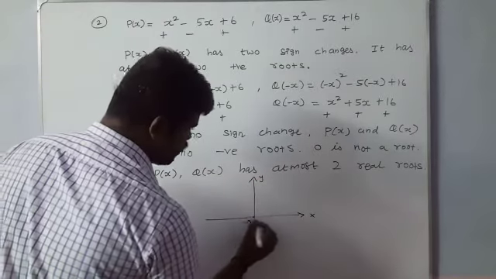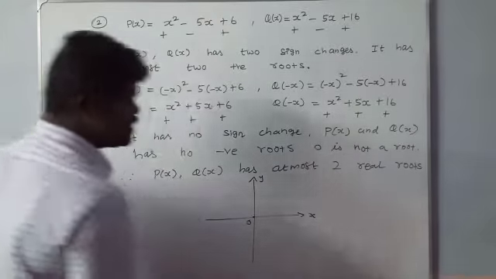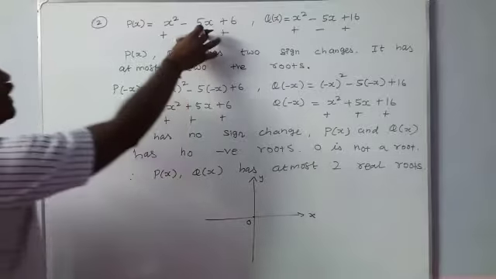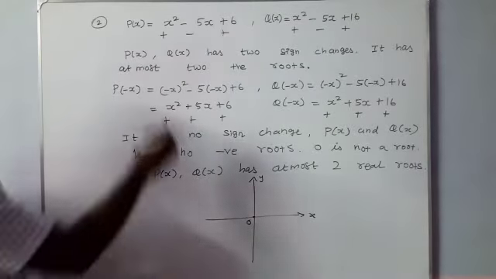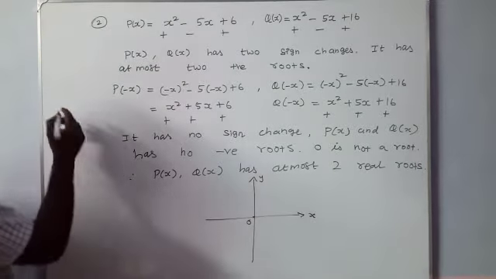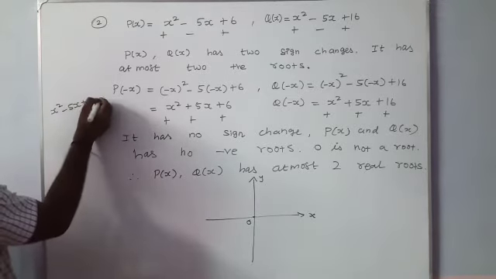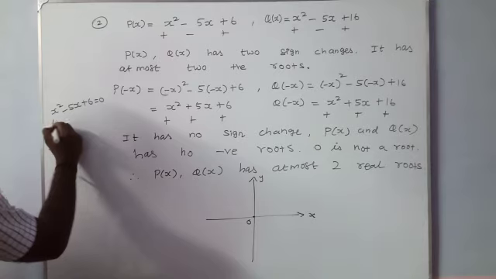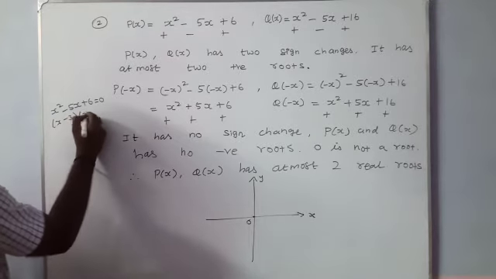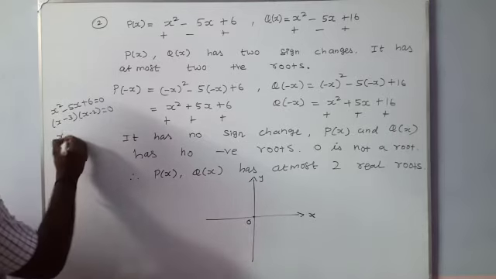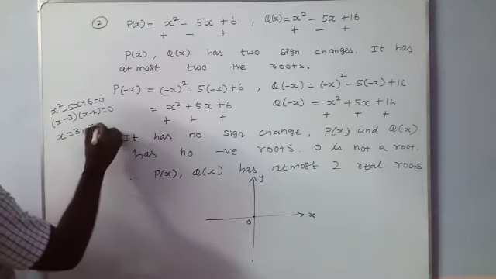This is the origin, and we want to find the roots. One root is enough. Because x square minus 5x plus 6 equal to 0, what are the factors? x minus 3, x minus 2 equal to 0, and x is equal to 3, x is equal to 2.